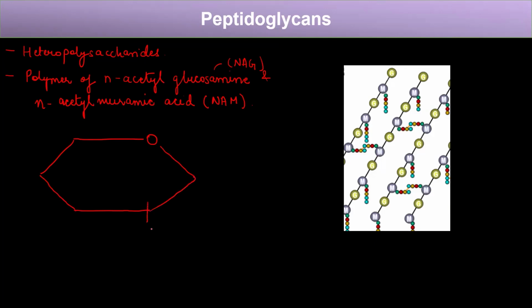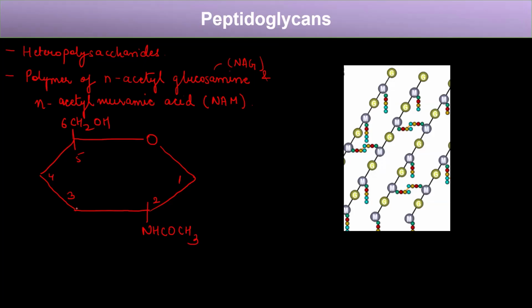So it has NHCOCH3 at second position, right? So this is your first position, this is your second, this is your third, fourth, fifth, and here it's sixth position, right? So here at second position, we have NHCOCH3 that makes it N-acetyl glucosamine.